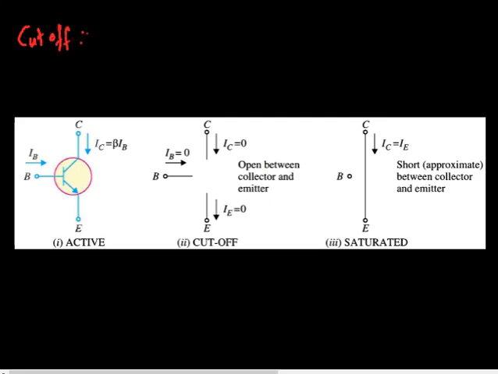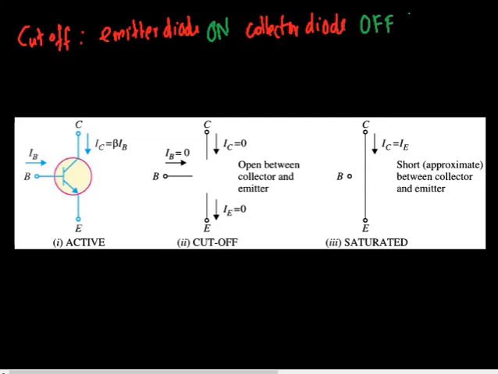For the cutoff region, the emitter diode is forward biased, meaning it is on, and the collector diode is reverse biased, meaning it is off during the cutoff.